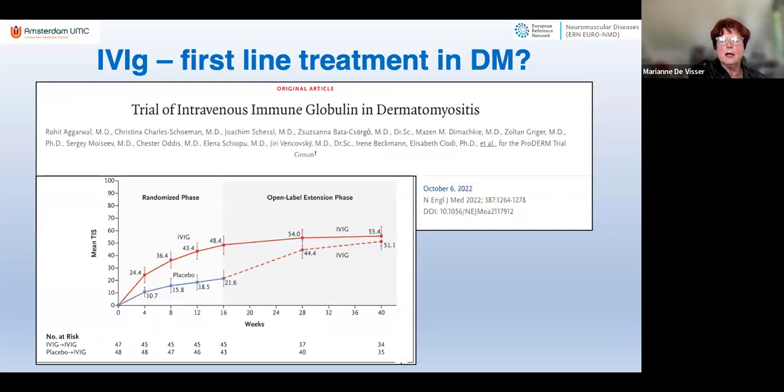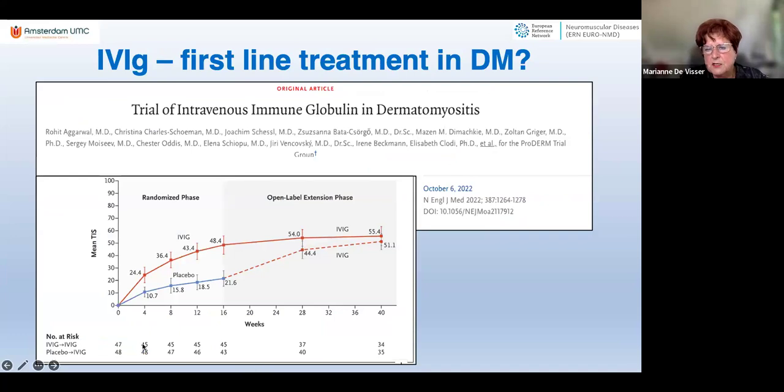And then the trial I already alluded to by Rohit Agarwal. He treated refractory dermatomyositis patients, so patients who had been treated with all sorts of medications and had flares or relapses.